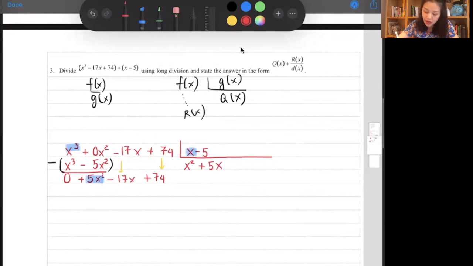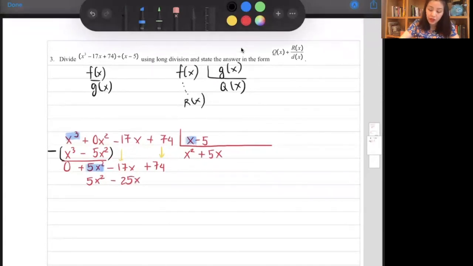Okay, so 5x times x is 5x squared. 5x times -5 is -25x, and then again subtract, and make sure you share that negativity into every single term. 5x squared minus 5x squared, that's 0. Negative 17x minus 25x, so that would be positive 8x.